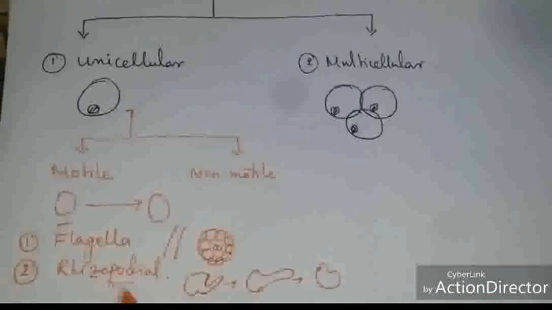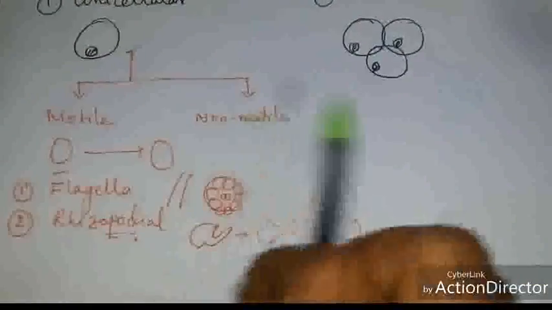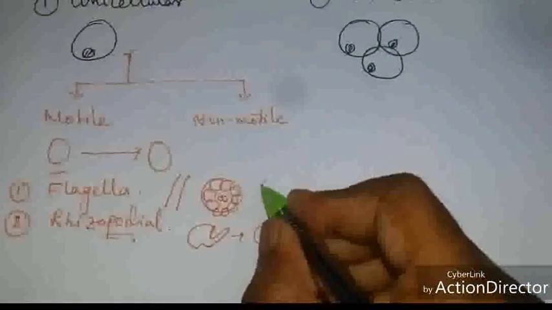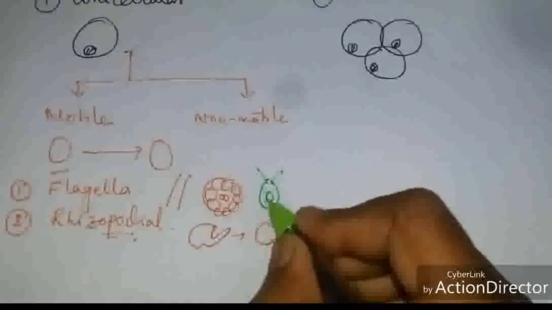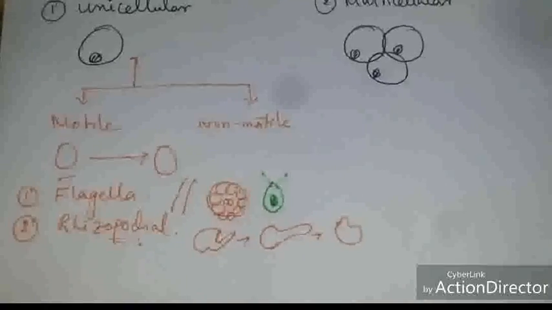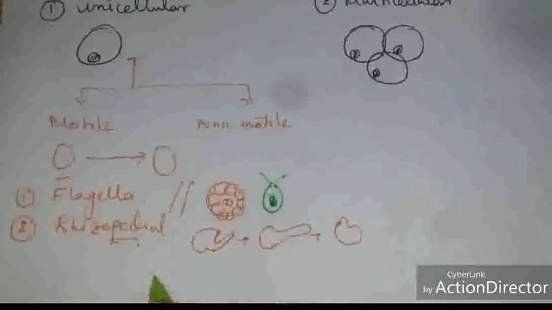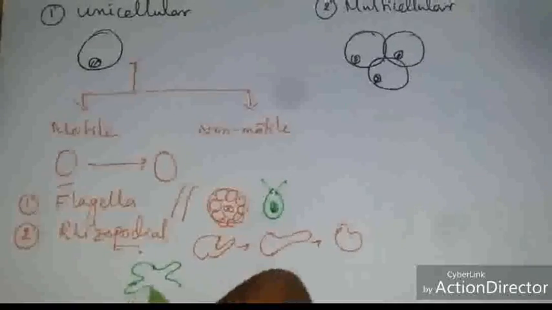In flagella type, the algae we can find is Chlamydomonas, and rhizopodial is found in Rhizochloris type algae.